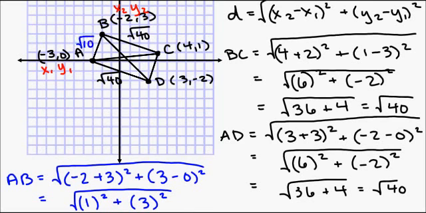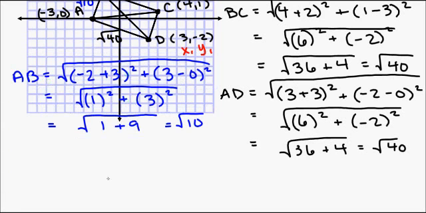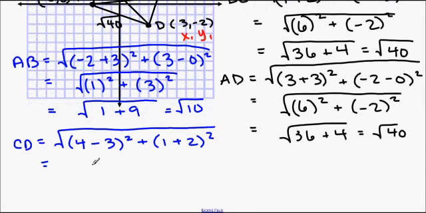Let's check and make sure that CD is also square root 10. So I'm moving both of my labels. And I'm going to move this up so I have some space to work. So CD is the square root of x2 is 4 minus x1 is 3 squared plus y2 is 1 minus y1 is negative 2, so plus 2. 4 minus 3 is 1 squared. 1 plus 2 is 3 squared.